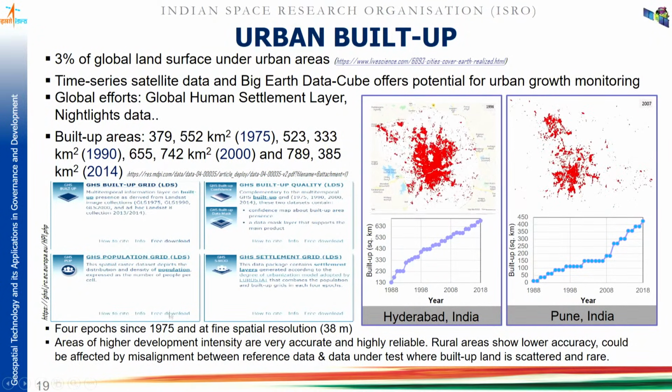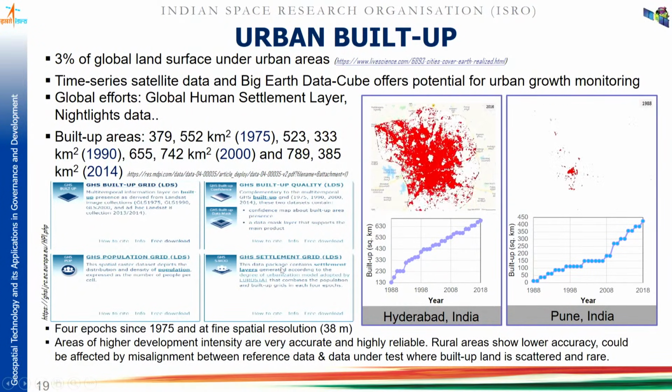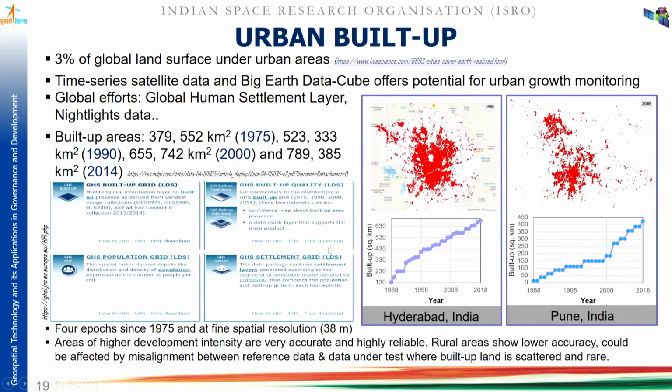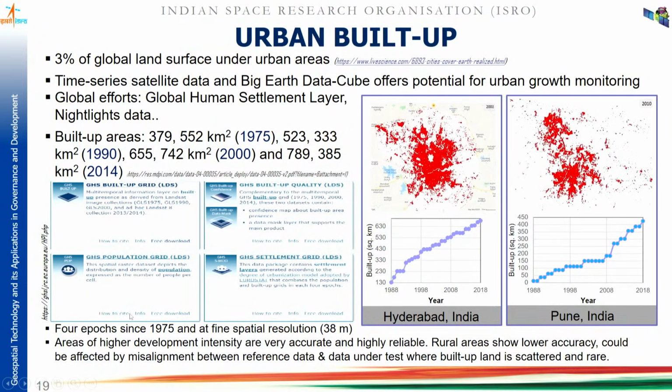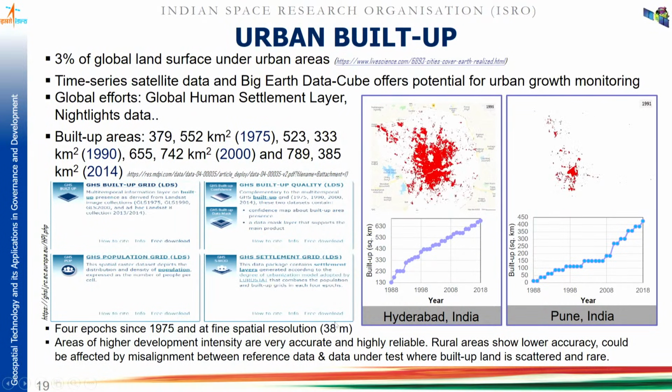You can see the address. You can go to this site and freely download the built up area, the built up density, and the population data also for 4 epochs, from 1975 onwards at a resolution of 30 meters.